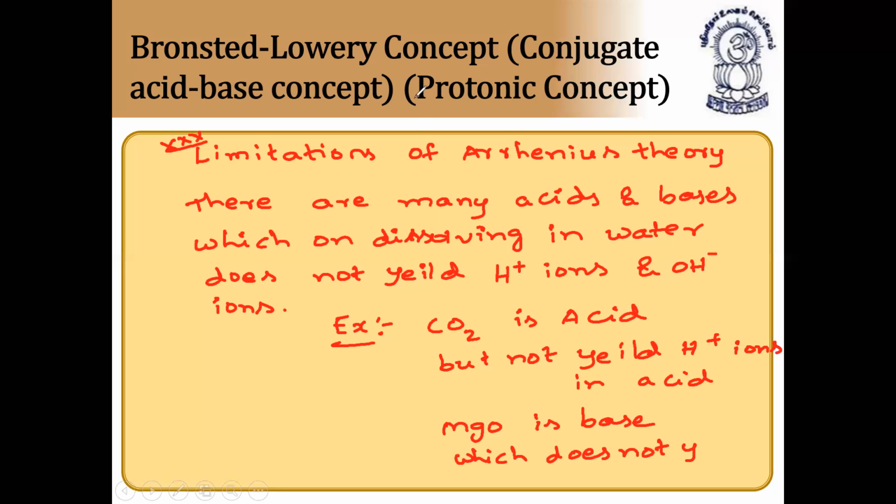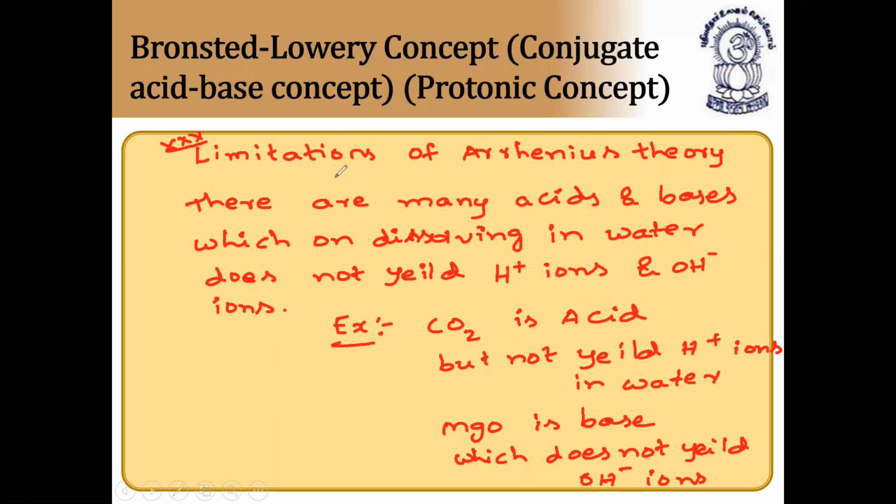Here, in the case of the acid, we cannot say it is in water. So like that, there are so many substances which are considered as acids and bases, which dissolved in water do not yield H plus ions and OH minus ions. So that's why this theory is failed.